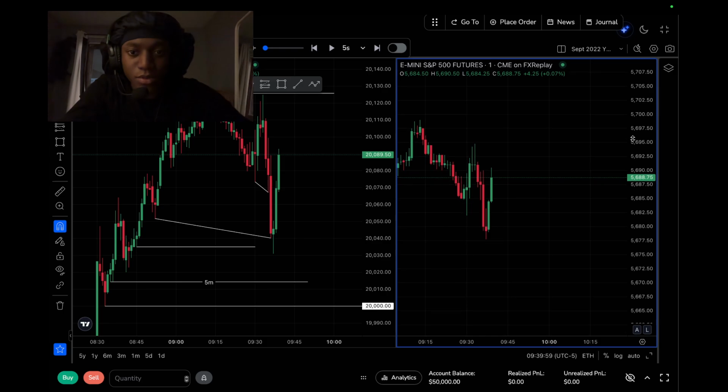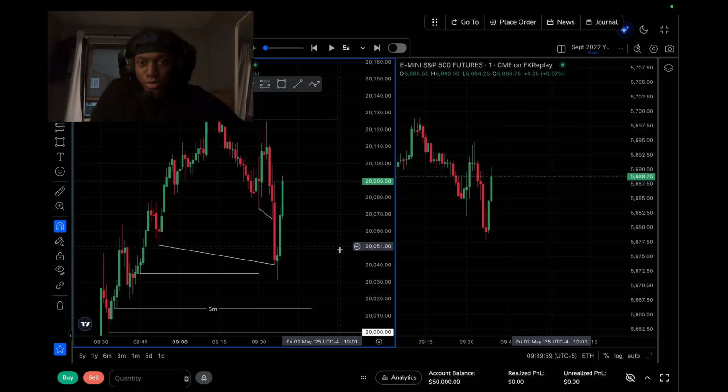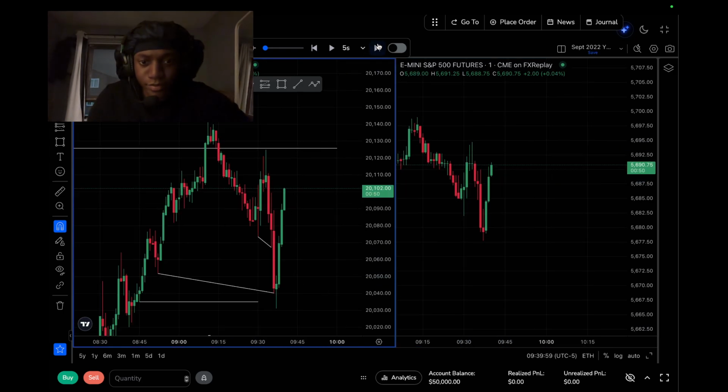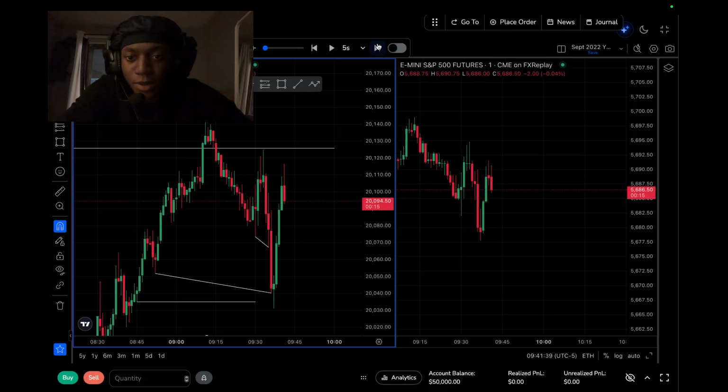Pretty bullish candles there. Two pretty bullish candles. Three pretty bullish candles. Okay, we get a rebalance though.